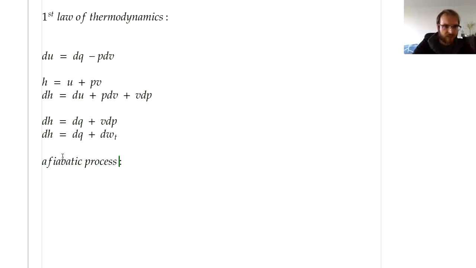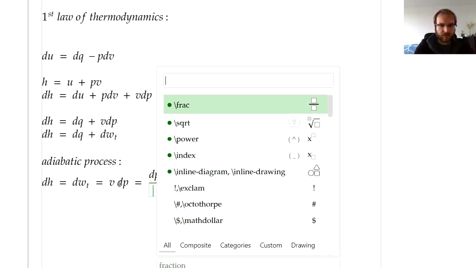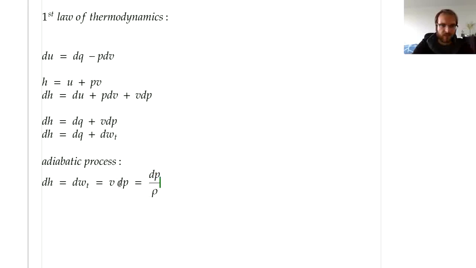So for an adiabatic process, we can write that dH is the change in technical work, which is vdp, and the unit volume is the inverse of the density, so we can also write that it's dp over density.